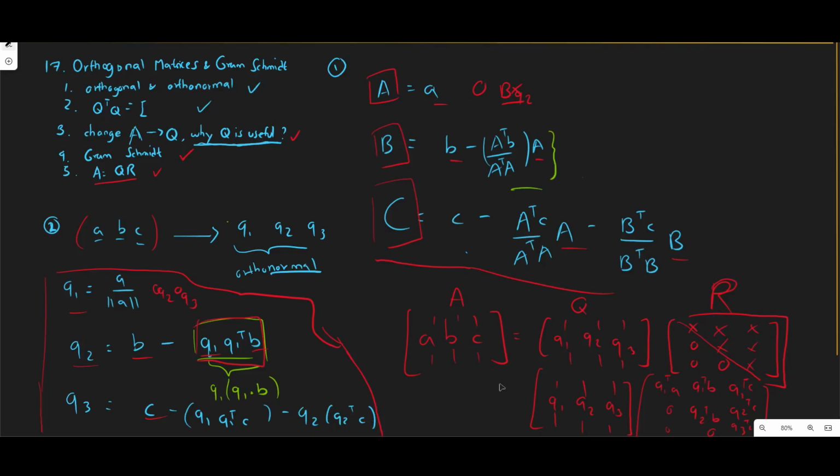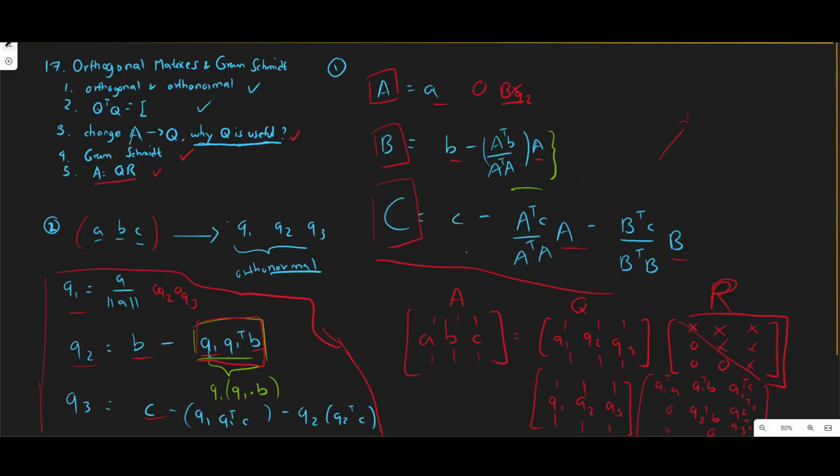One last thing that I want to mention here is, if you see it this way, A is actually the component of A that lives in Q1. So A and Q1 live on a single line, and B is composed of two components: the component of B that lives in Q1 and the component of B that lives in Q2.